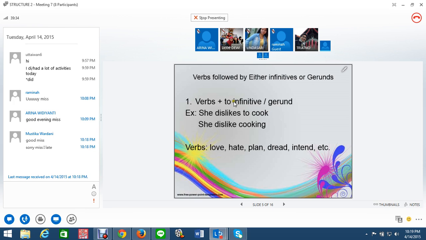So verbs, the infinitive, gerund, she as a subject: she dislikes to cook. So we use this one. Okay, she dislikes, sorry, I have to add s here. Jadi harus ada s-nya di sini. She dislikes because this is the third person singular. Okay, she dislikes cooking.